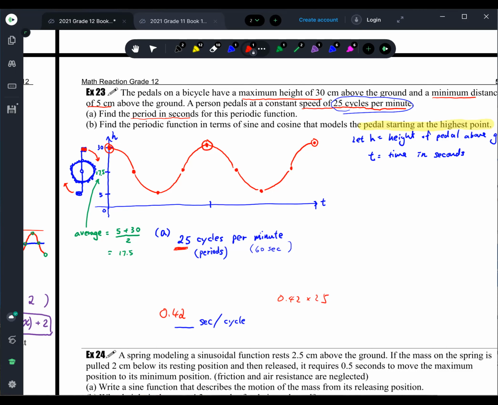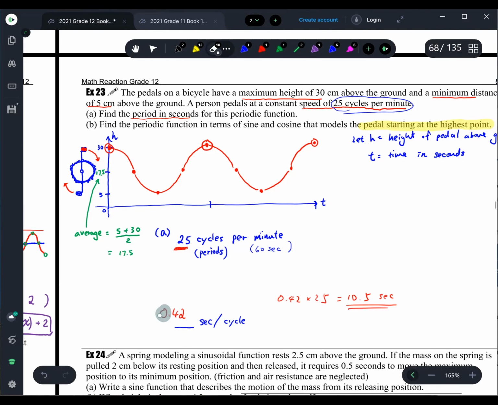So 0.42 times 25 is 10.5 seconds. That's too fast, don't you think? You pedal 25 times in 10.5 seconds. Okay, 0.42 is too fast.